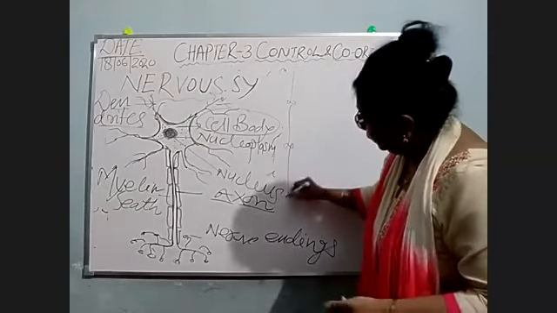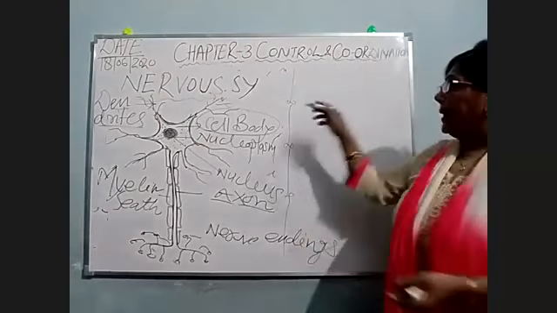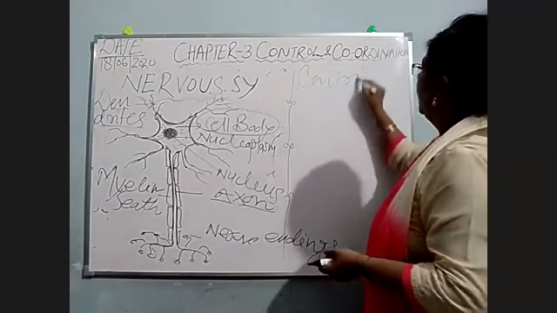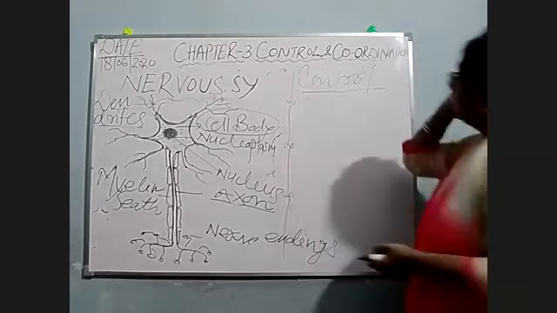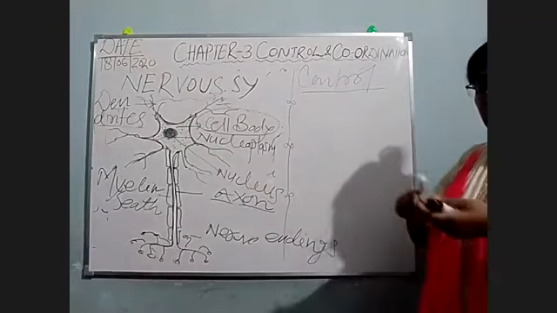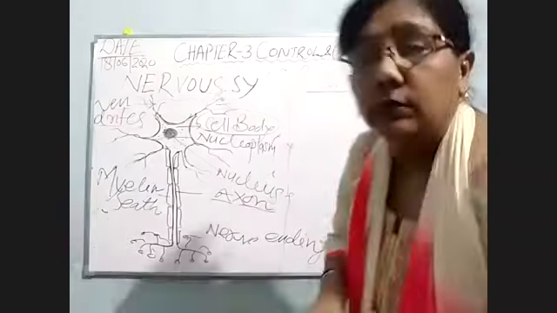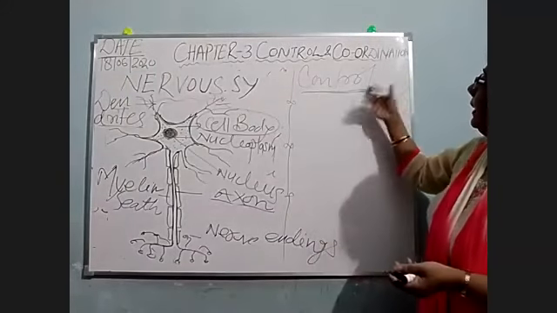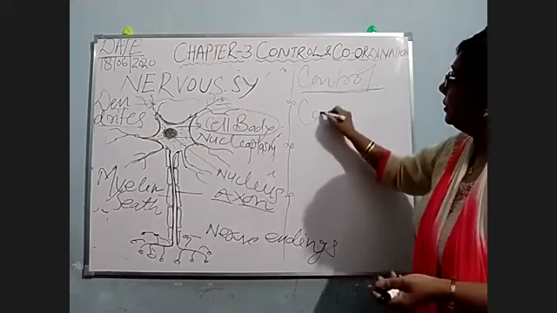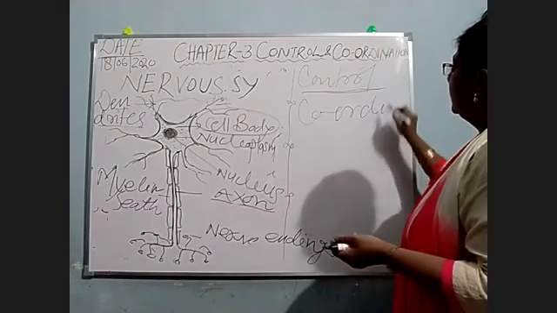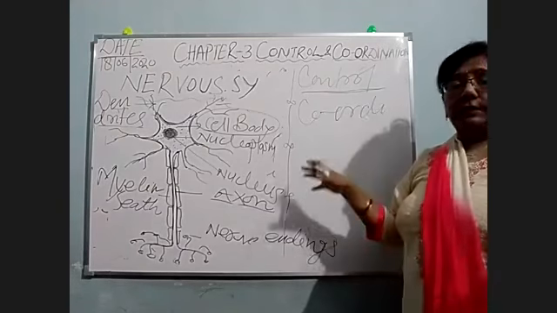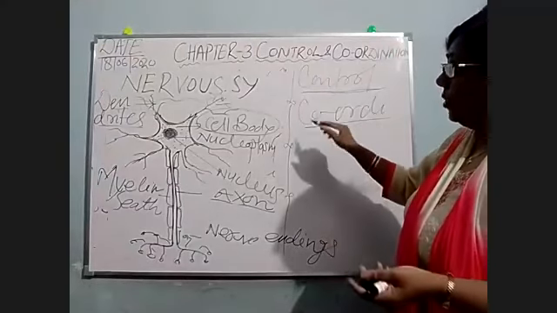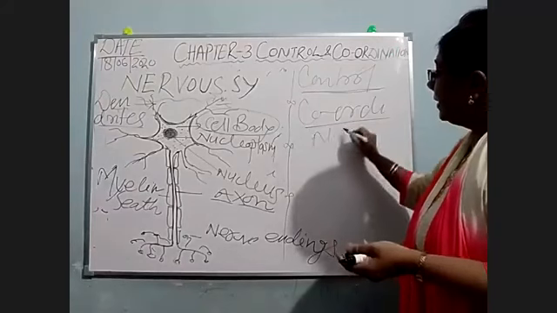So that's all for today. Let us summarize the topic again. Today we studied the process of control and coordination. Control is the power to control any event in a systematic manner. Coordination is organizing things in a systematic way, and we do it with the help of the nervous system and the endocrine system.